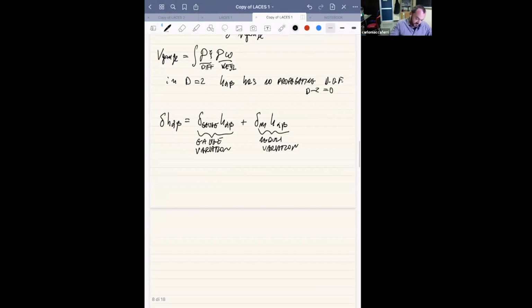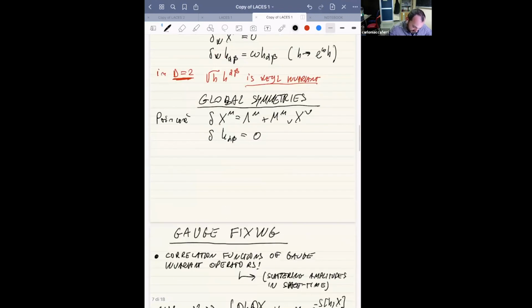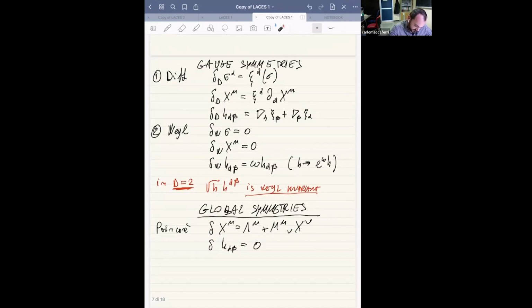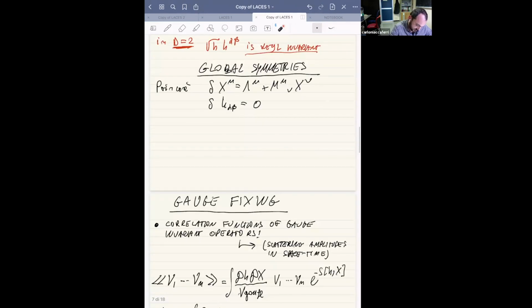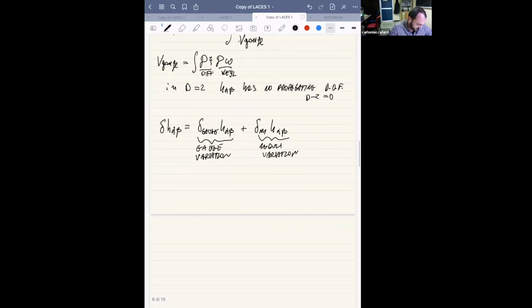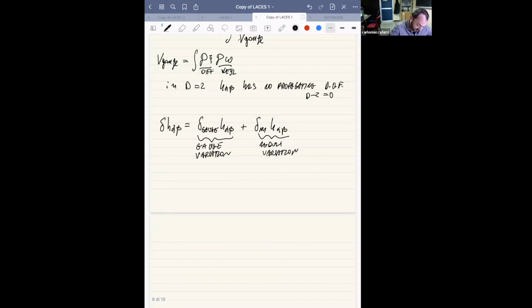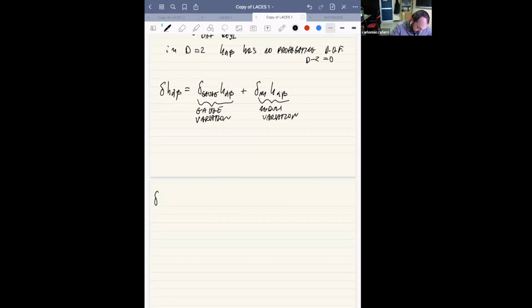So this gauge variation, I can read it here from this transformation. And in fact, it turns out that it's convenient to write it in the following way: delta gauge h alpha beta equal to the covariant, symmetrized variation here, and then there is the Weyl part.